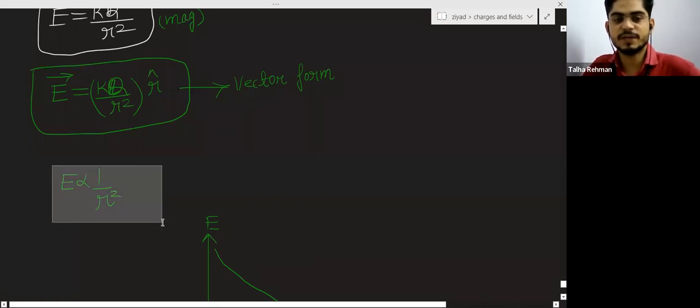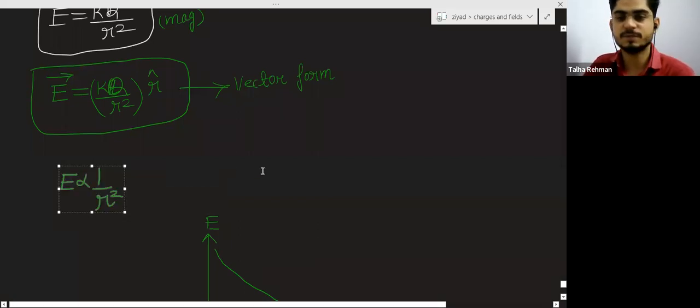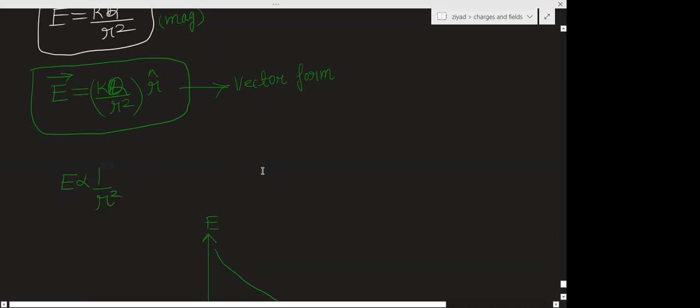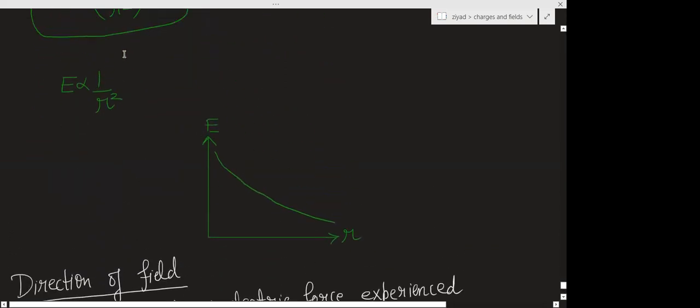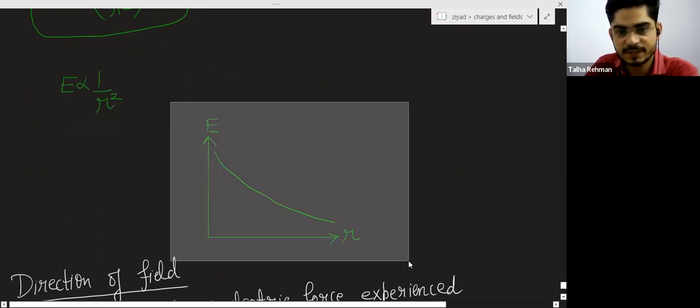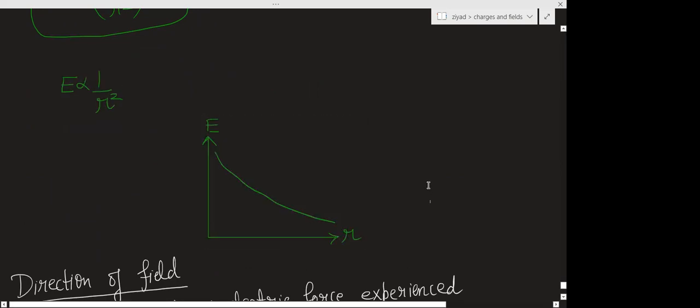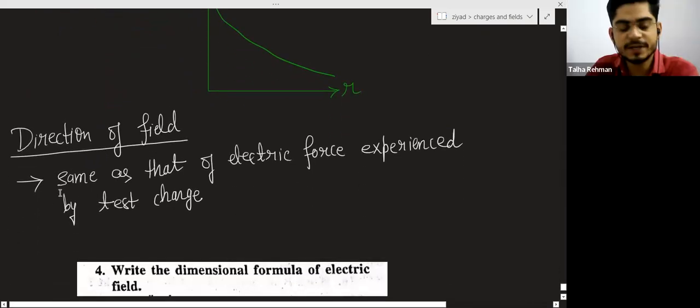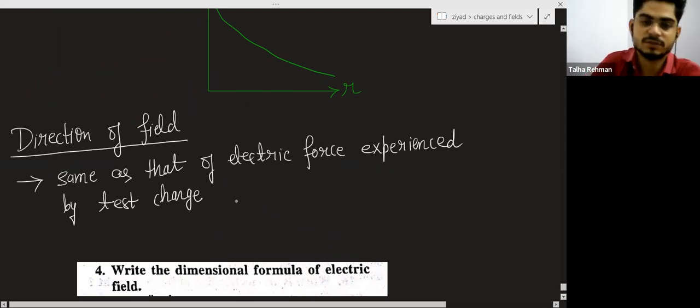This is the proportionality, meaning electric field is inversely proportional to the distance. The graph of this kind of equation is made like this. And we have already discussed the direction of field is the same as that of the electric force experienced by the test charge.